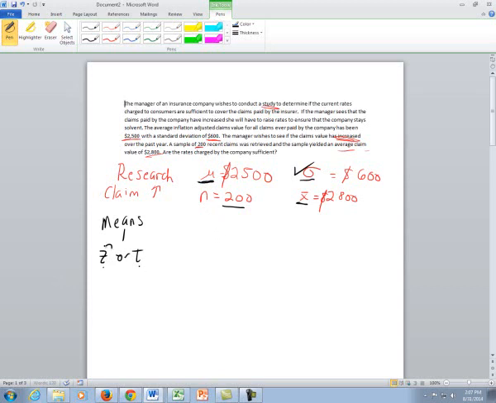So we are going to run a z-test. Let's write down that formula right quick. Z is equal to X bar minus mu, divided by sigma over the square root of n.